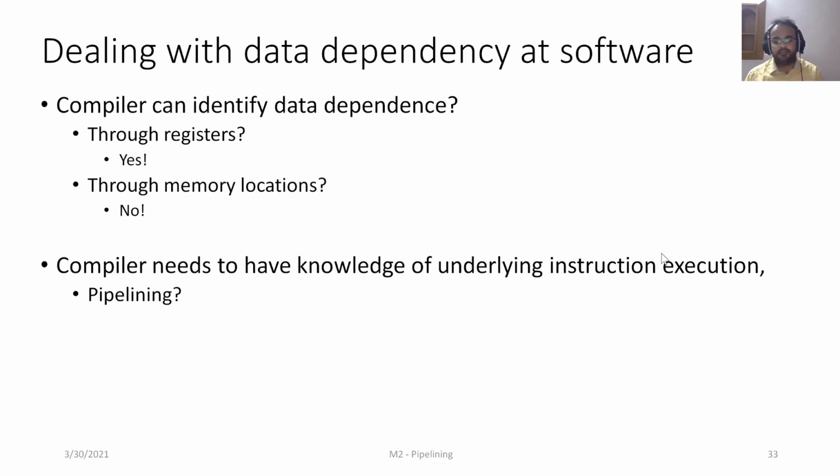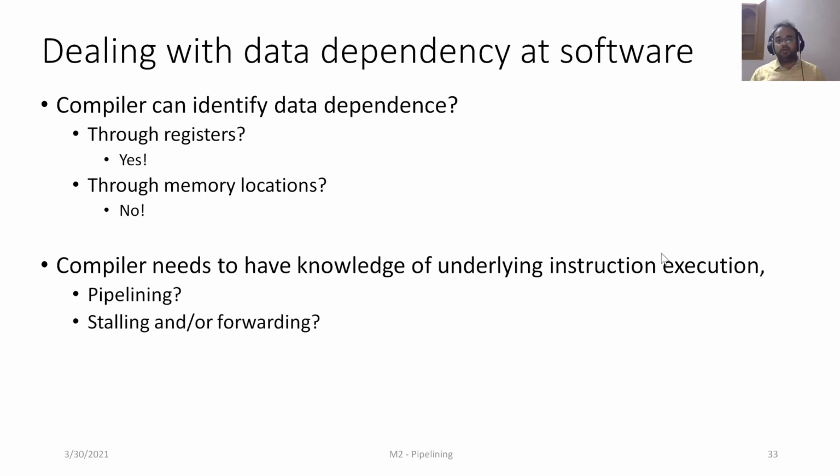In case there is no pipelining in your processor, then the compiler need not worry about data dependency at all, right? Because only one instruction gets executed at any given point of time. But if pipelining is there, then it also needs to know how many possible stages are there and what are the potential stalls that get introduced if there is dependence among two consecutive instructions or a few set of instructions, right? Some additional knowledge is expected.